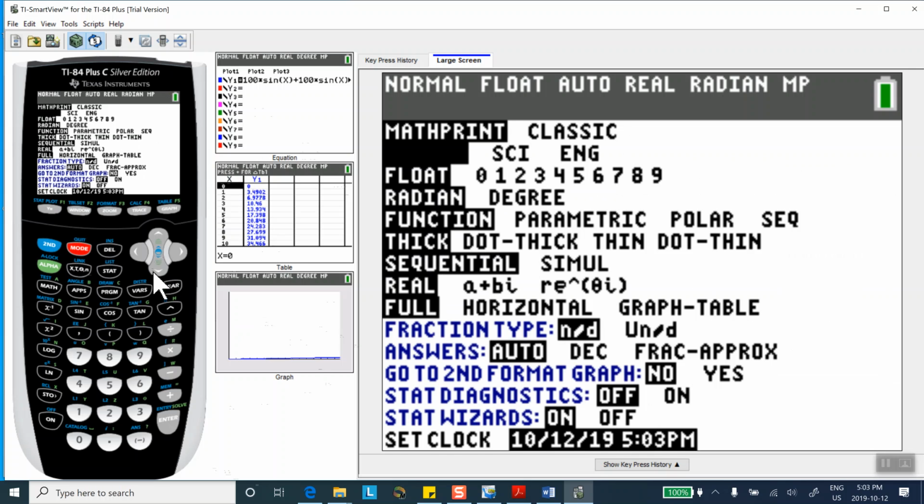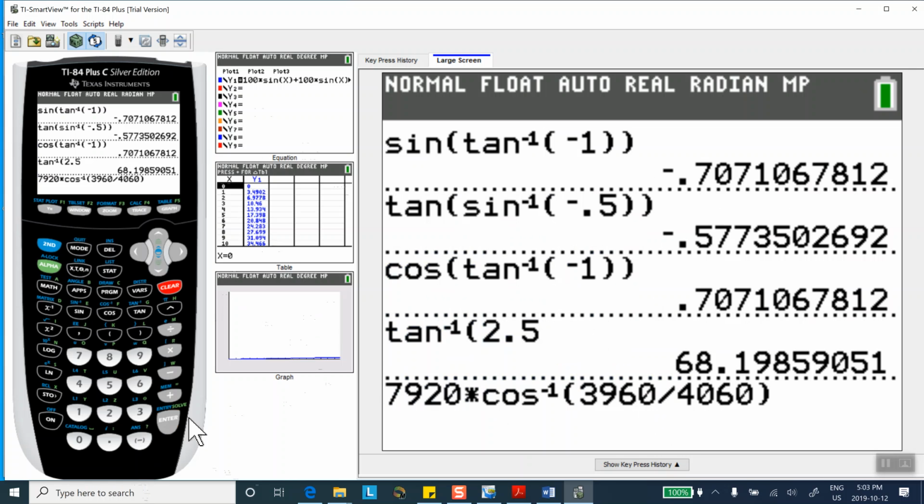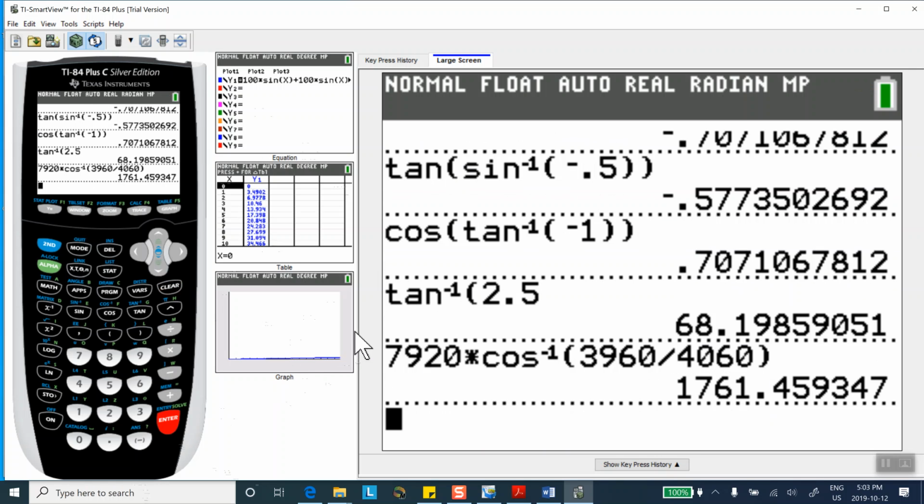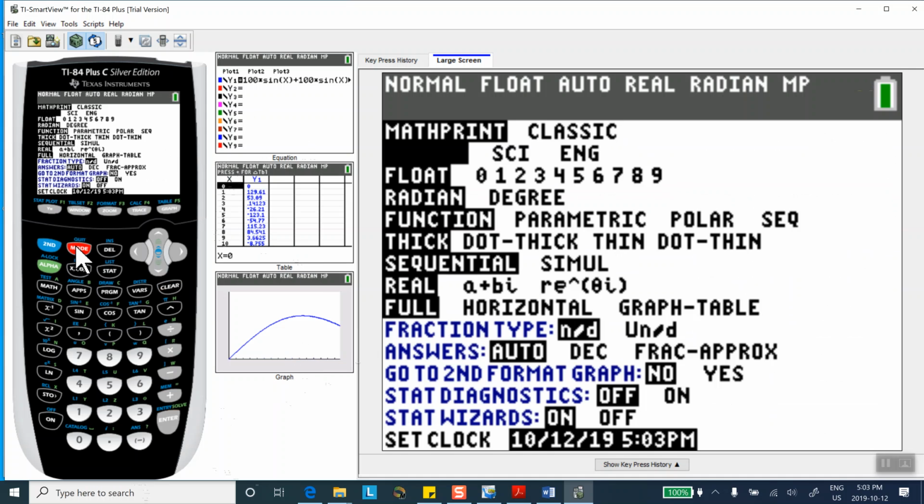It is. Maybe it did clear it. All I have to do is check my mode, and it was set correctly.